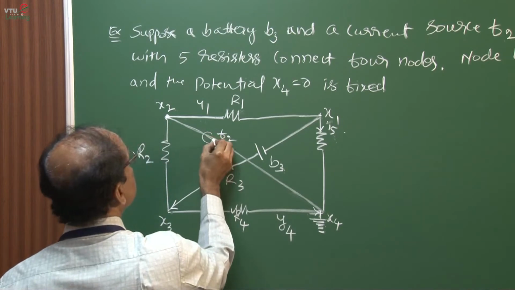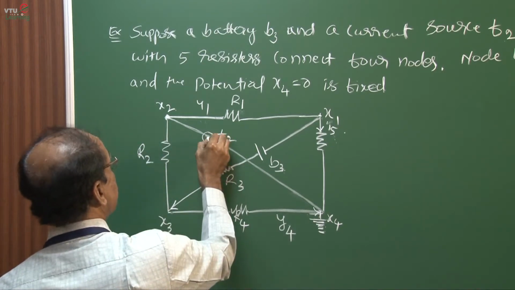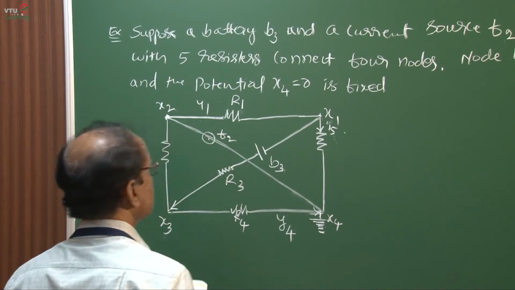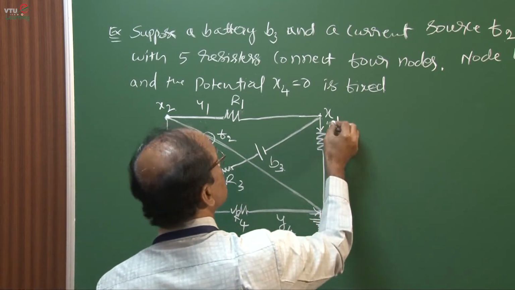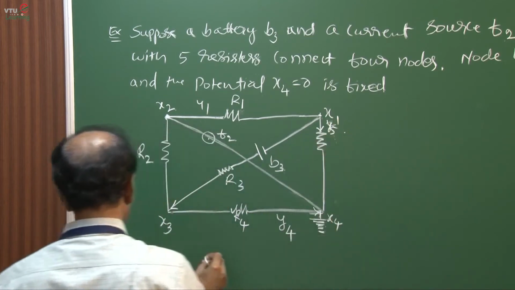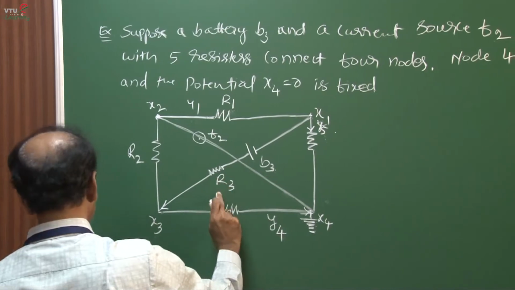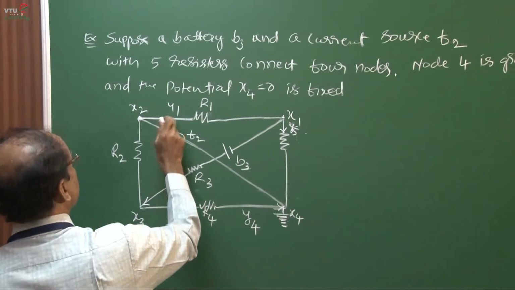Then here it is the current source, represented with this mark, and X4, this is Y5, and R3 this one, then it is Y1.